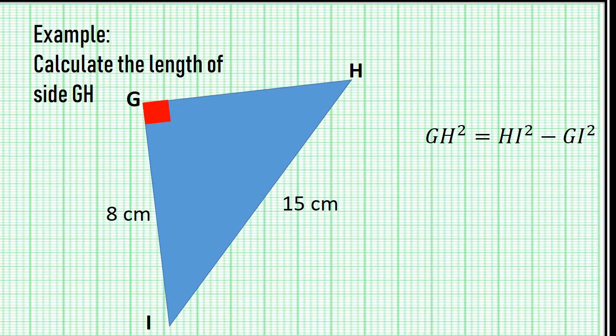So we're going to use the formula where the side squared is equal to the hypotenuse squared minus the other side squared. So GH squared is equal to HI, which is the hypotenuse, the longer side, minus GI squared, which is 8 squared.